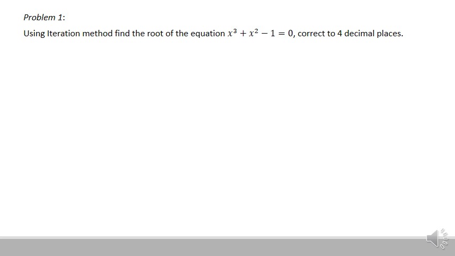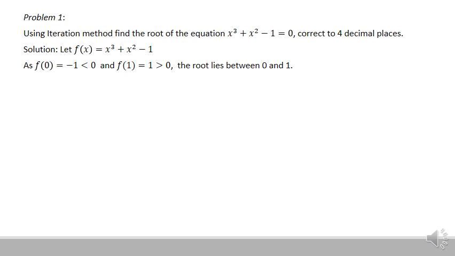We'll see some problems now. Using iteration method, find the root of the equation x cube plus x square minus 1 equal to 0 correct to 4 decimal places. Let us consider the function f as x cube plus x square minus 1.